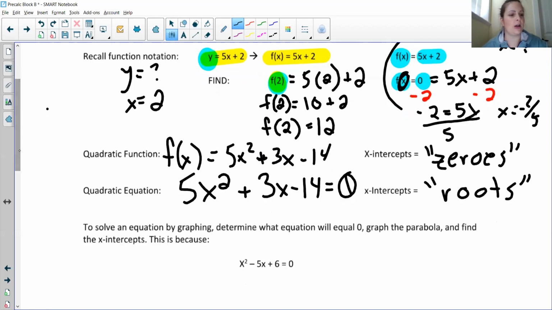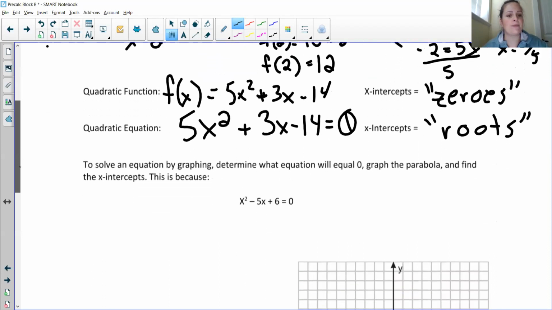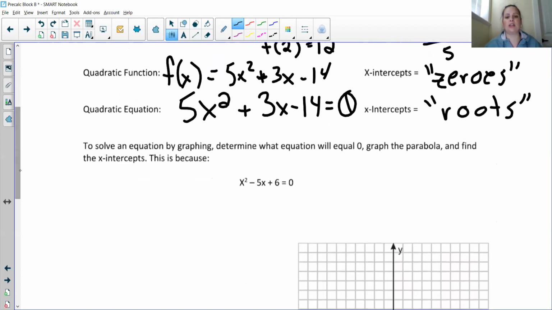All right, so here we go. We have something written on the page. To solve an equation by graphing, determine the equation, what equation will equal 0, graph the parabola, and find the x-intercepts. This is because x squared minus 5x plus 6 equals 0. So you can actually graph it as a function. So you can say, hey, I'm going to graph this as if it was a function.